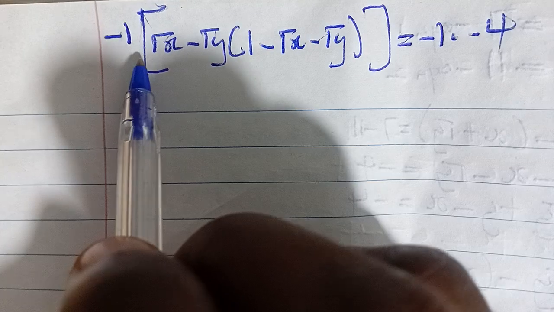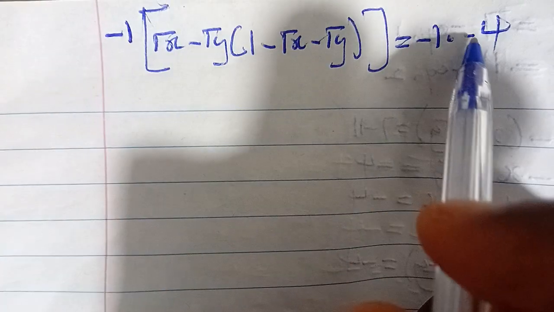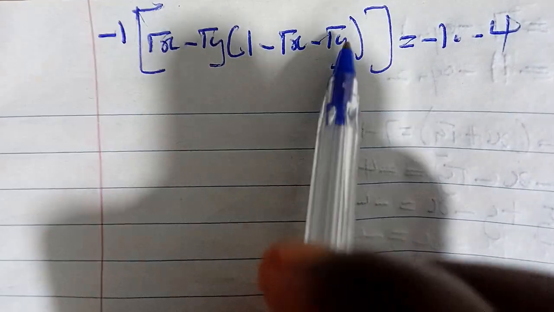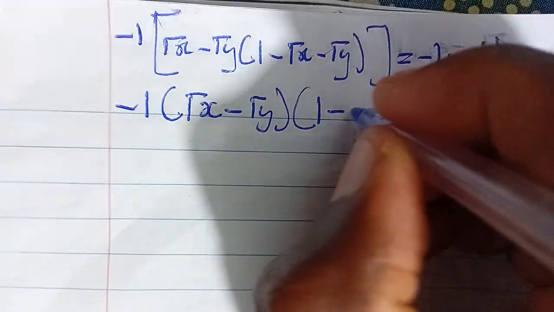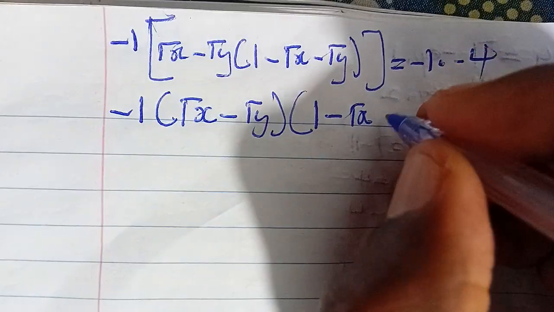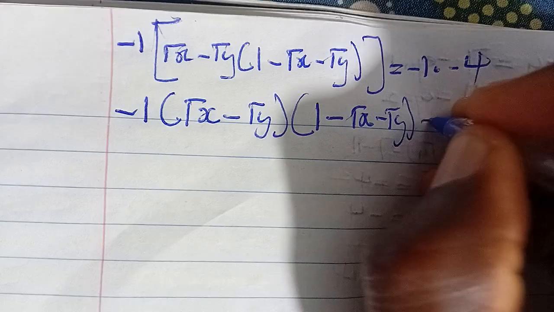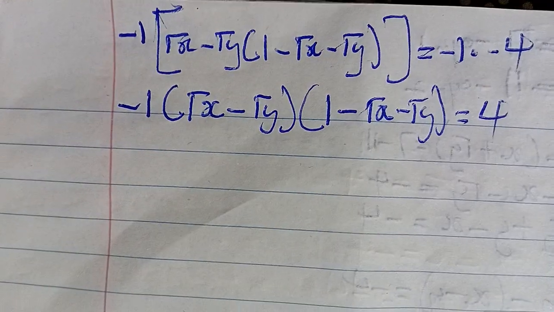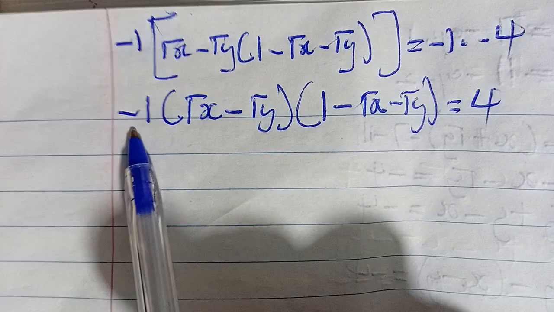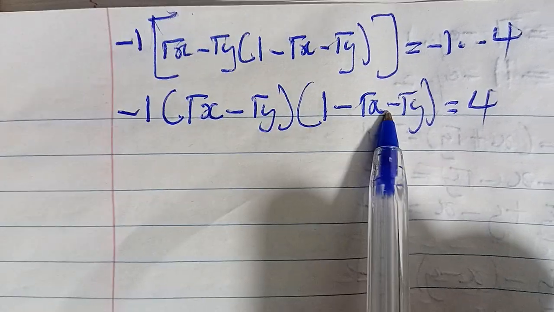Now we can rewrite this form of the equation in another way. So we can say minus 1 multiplying root x minus root y, and 1 minus root x minus root y is equal to minus 4 times minus 1, which gives us 4. Now this is multiplying this and this.